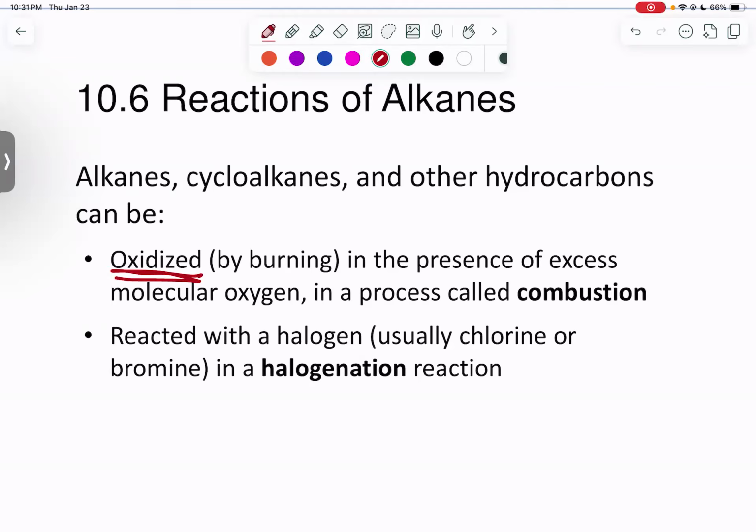We call that combustion. If you burn alkanes in the presence of oxygen, it's combustion. That happens not only in our cars, but also in our bodies. That's how we break down sugars. Glucose is an example of an alkane, and we break it down with combustion, which is kind of cool.